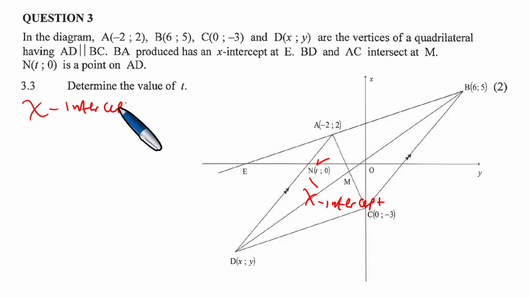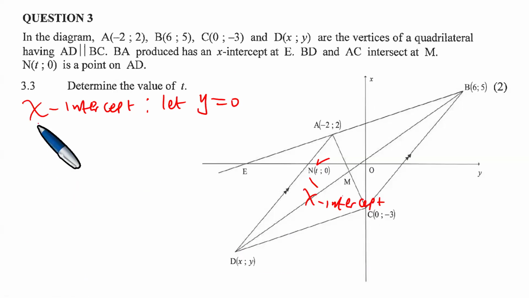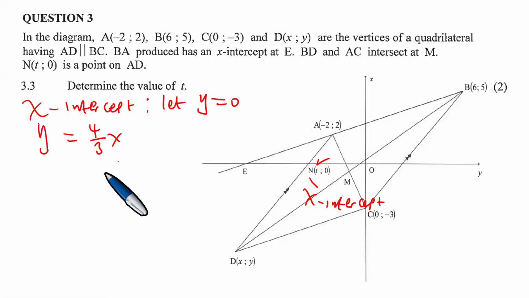So to find an x-intercept, we need to let y be 0 in view of the former equation, y equals 4/3 x plus 14/3.